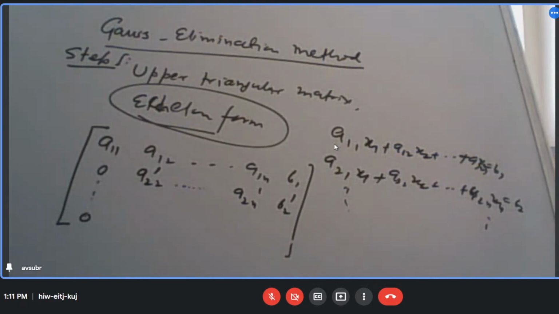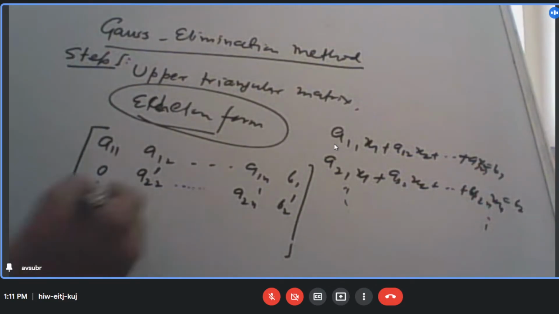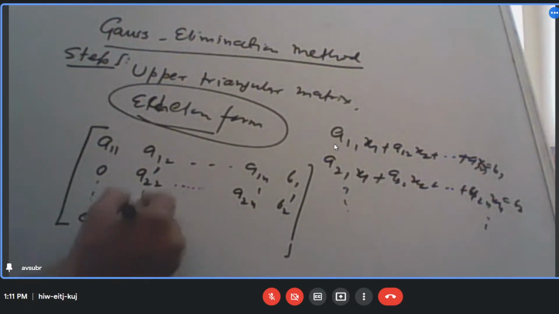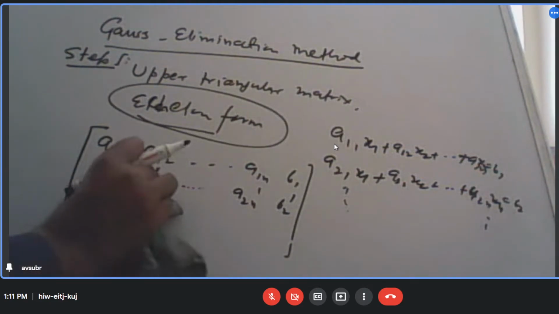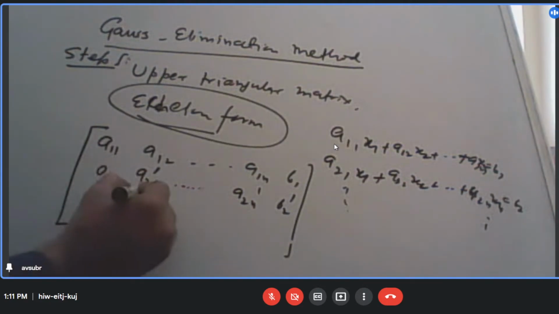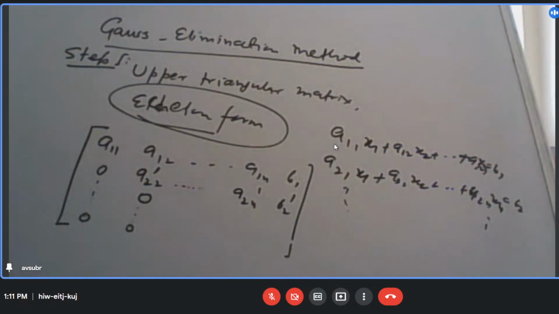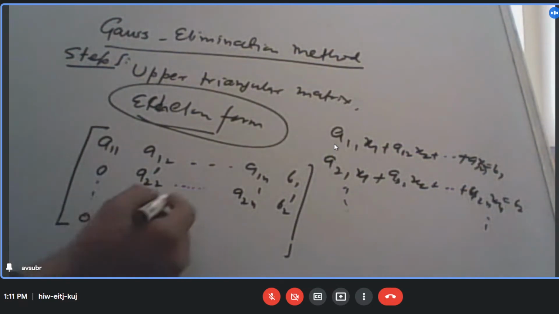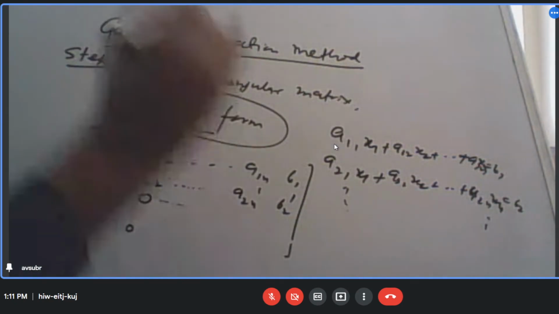Right or wrong? So I will do a row operation, so I will change it. Likewise, next I will remove all the elements from here, so all will be 0. Next time in the same way I will continue.